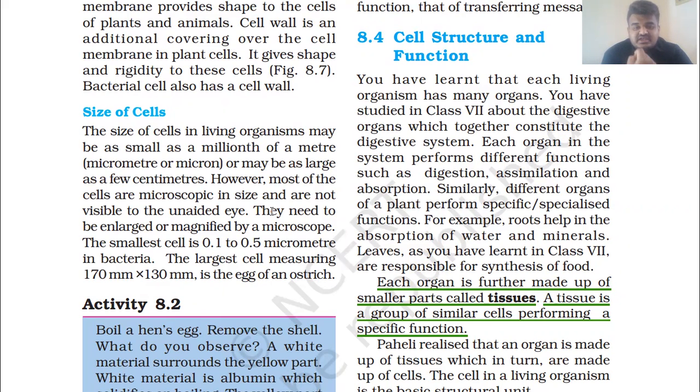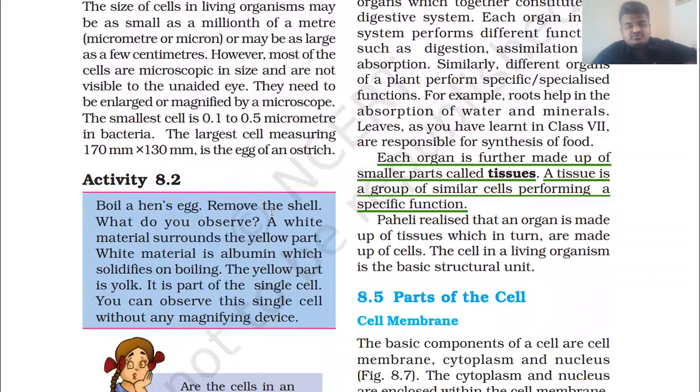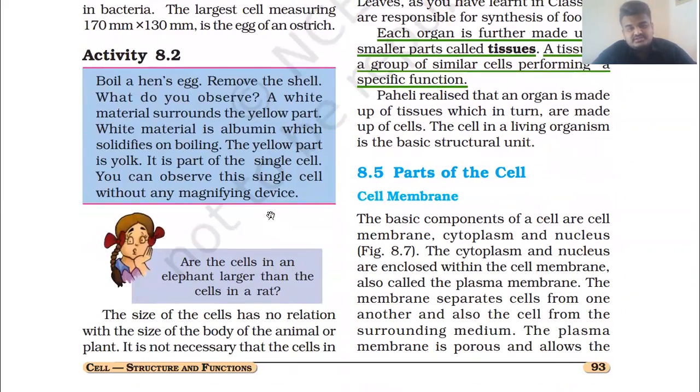The largest cell measures 170 mm by 130 mm. 10 mm equals 1 centimeter, so this is 17 centimeters by 13 centimeters, and it is the egg of an ostrich. So you can conclude how much variety there can be in the size of a cell.